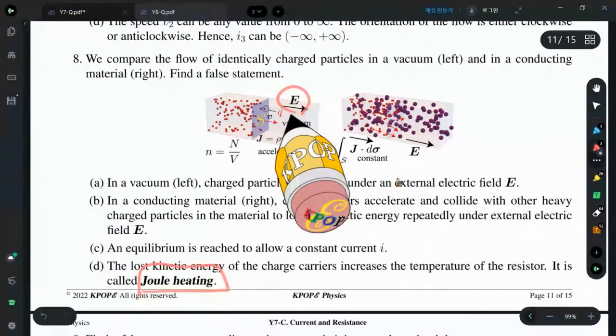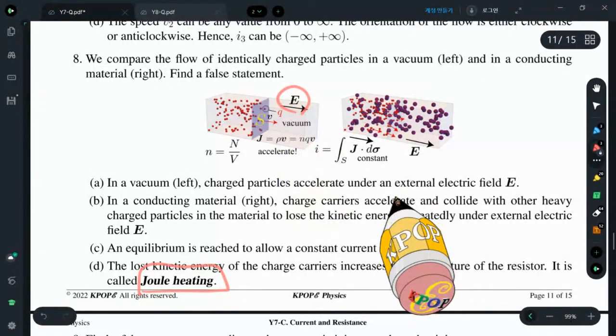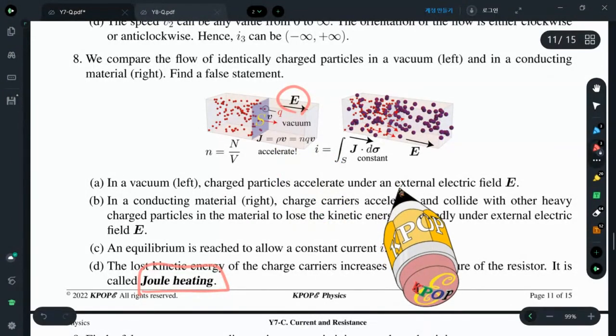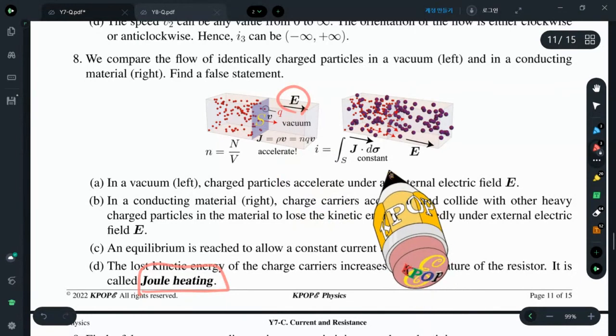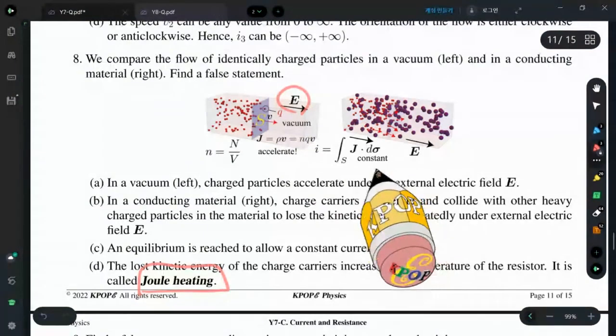Because of that internal energy, the temperature of the wire increases when current flows, unless it has zero resistance. For example, at absolute temperature 0, it reaches zero resistance, then the temperature doesn't increase.